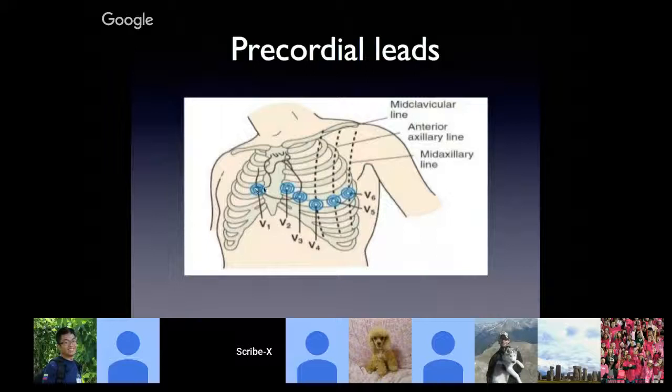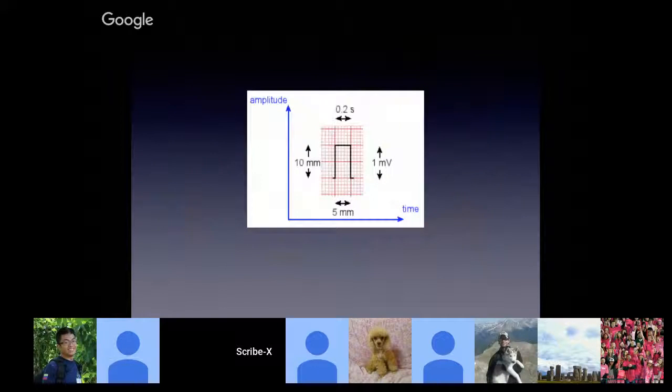So if a lead is seeing a voltage potential coming directly at it from the direction of the back of the heart, say, lead V1 will register an upward deflection on the EKG paper. Similarly, V2, V3, V4. And from all of these leads, we can derive what's happening electrophysiologically in the heart at any given time.